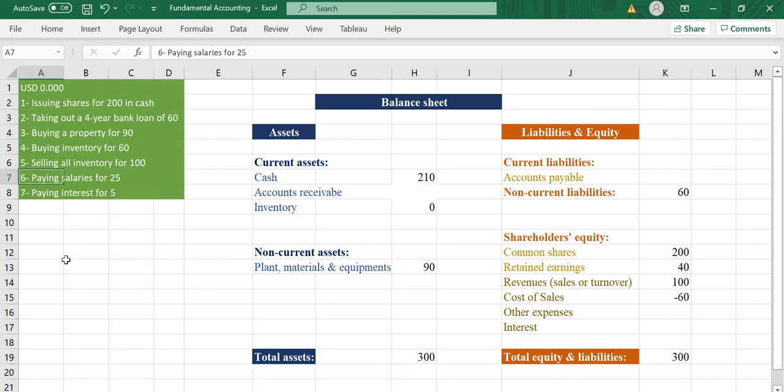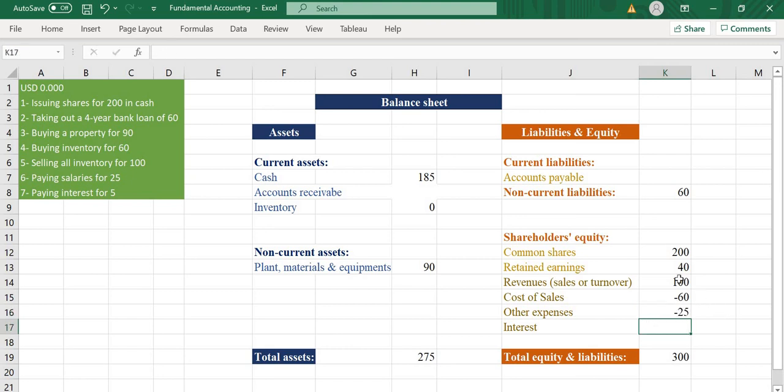Next, the company is paying salary for 25. The cash will be decreased by 25, and we take into account the salary here as other expense, minus 25.